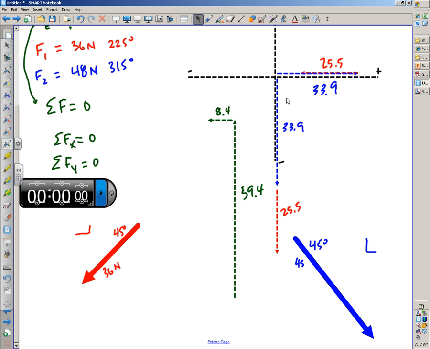Just like we did before, we need to find the resultant vector of these two, because this solid green is the combined effect of this 8.4 and this 59.4.